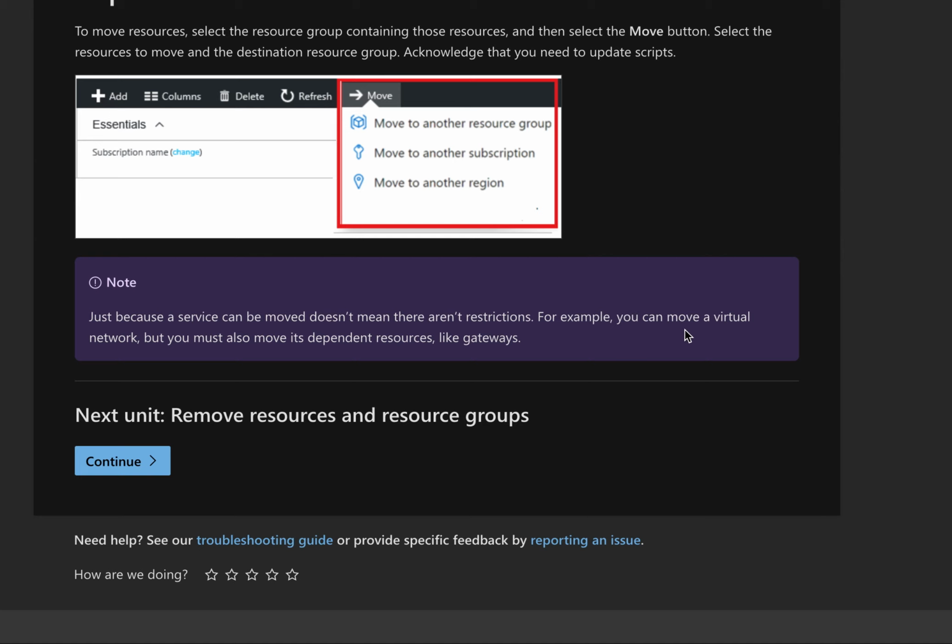For example, you can move a virtual machine, but you also must move its dependent resources like gateways. So if you just move a virtual machine, that doesn't cut it, because you need the virtual networks and the firewalls and all that to properly function, right?